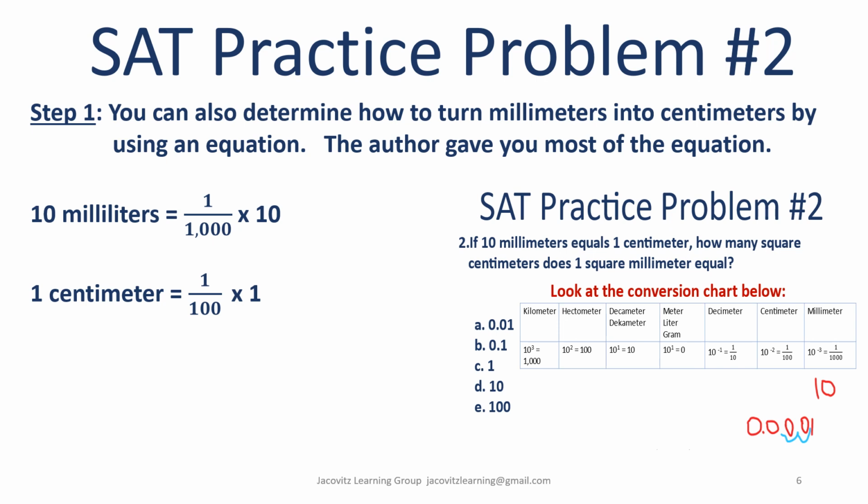Okay, we're going to do this with an equation. 10 milliliters is equal to 1/1000 times 10, and 1 centimeter is 1/100th times 1 because the unit here stays the same.